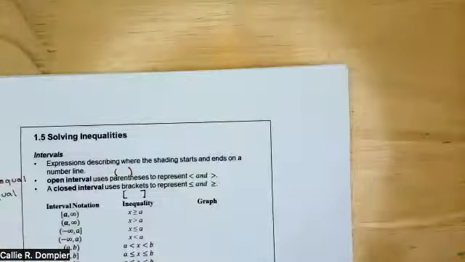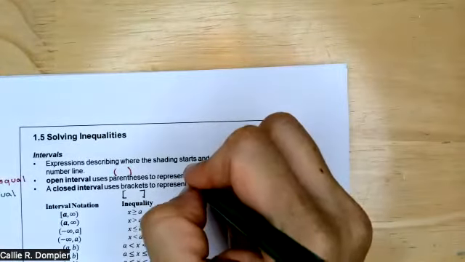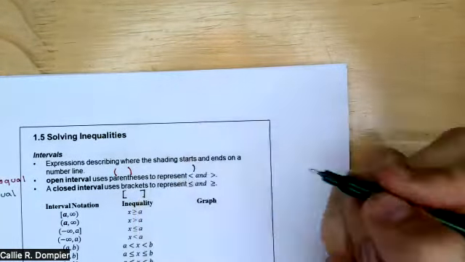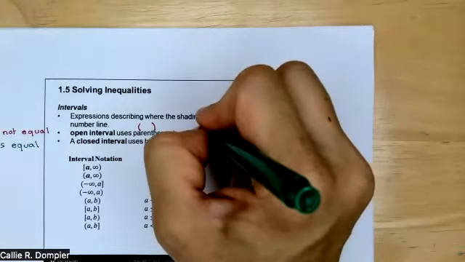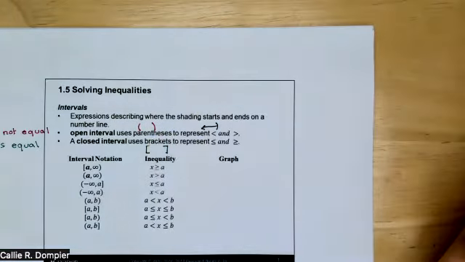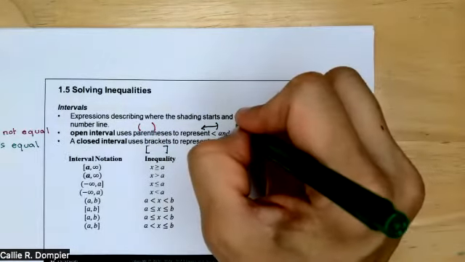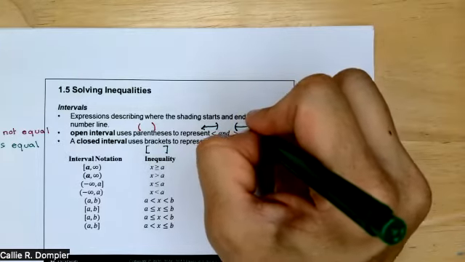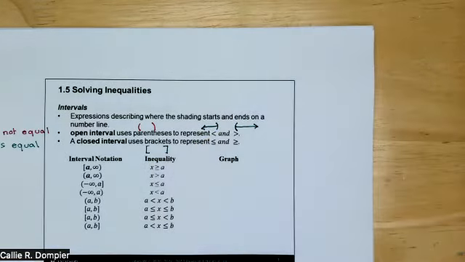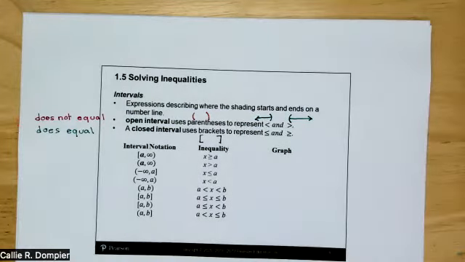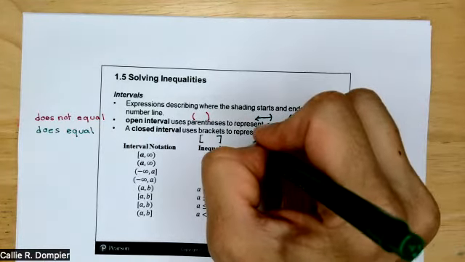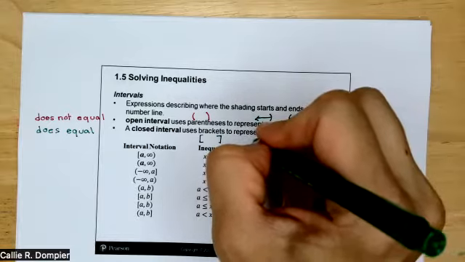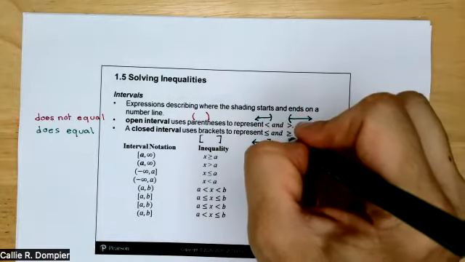So if it's less than, that means it's going to be a parenthesis moving that way. And the arrow is going to go behind it in the less than direction, right? Or our only other option is greater than. Good. So an open interval means it does not equal. A closed interval, less than, will include a bracket and it will include that number and go to the left.